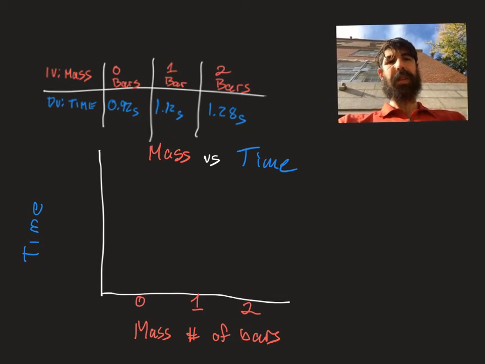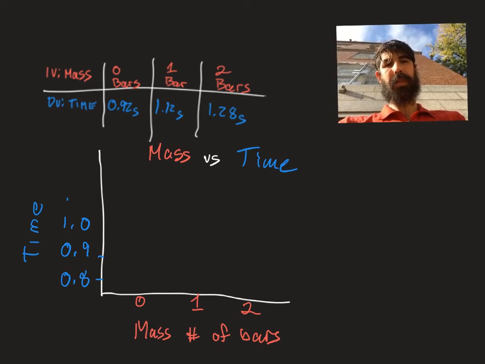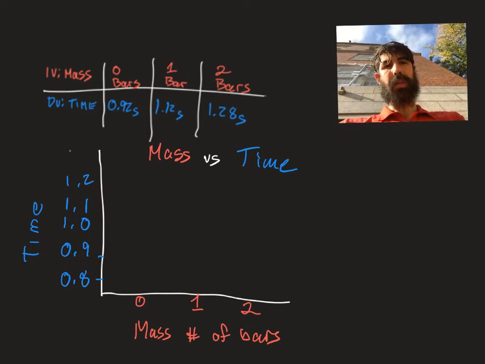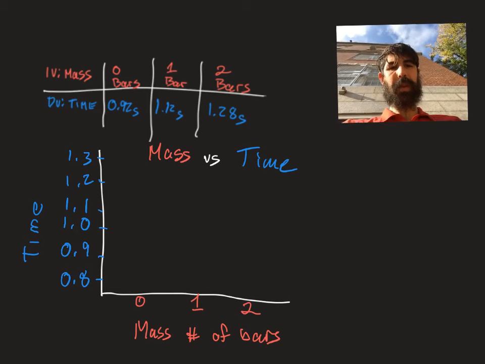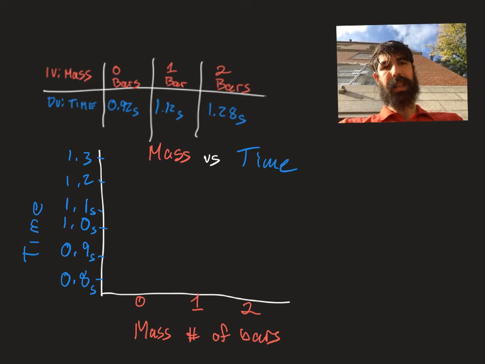So I'm going to start at 0.8, 0.9, 1.0, 1.1, 1.2, and 1.3. I'm going to put a little tick mark for each of those numbers, and each of those numbers is in seconds.